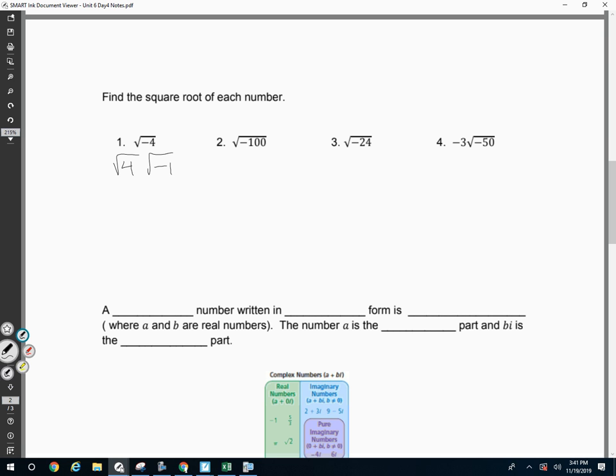So, root negative 4, I'm going to rewrite. But no plus or minus just yet. It's when we solve an equation, we'll have a plus or minus. We got square root of 4, square root of negative 1. We know the square root of 4 is just 2. We have deemed that the square root of negative 1 is i.